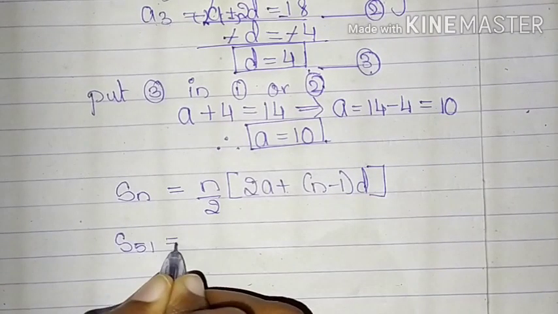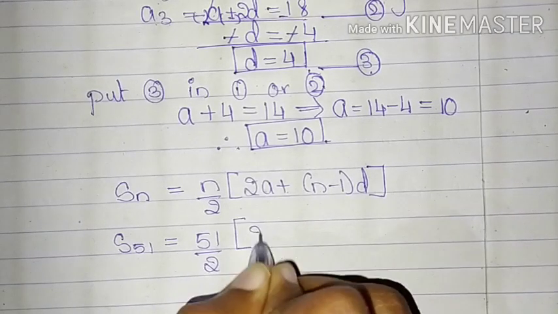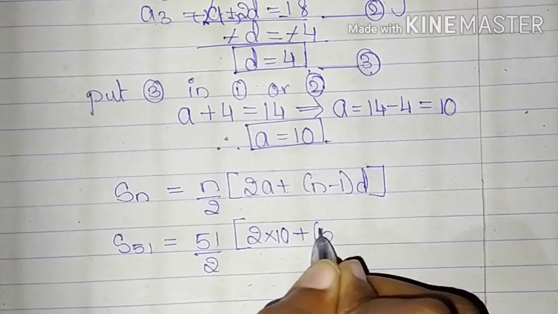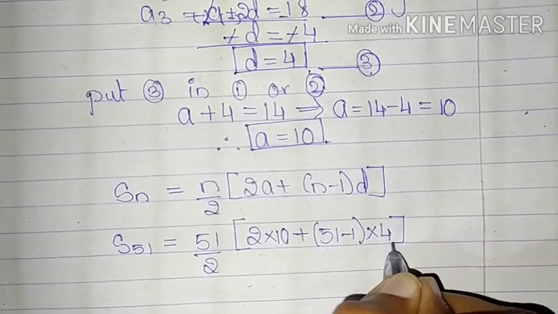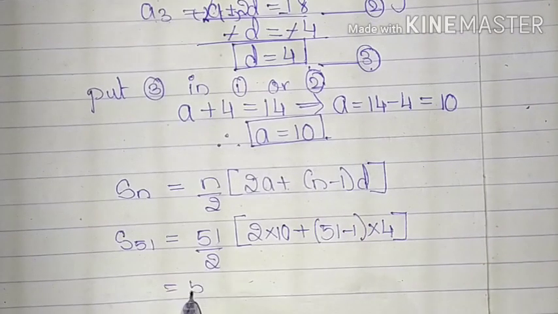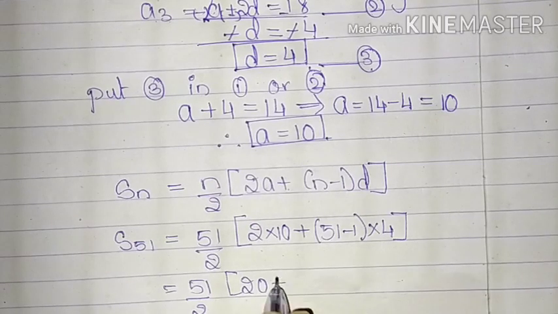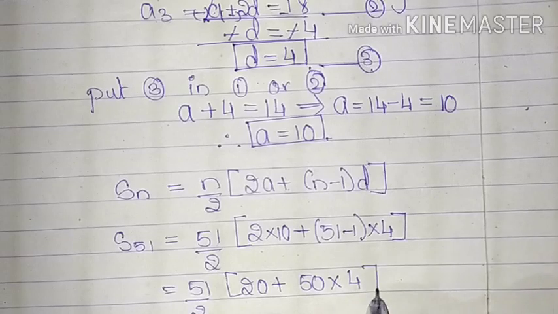So S51 is equal to 51 by 2 into 2 into 10 plus 51 minus 1 into 4. So 51 by 2 into 20 plus 51 minus 1, 50 into 4.